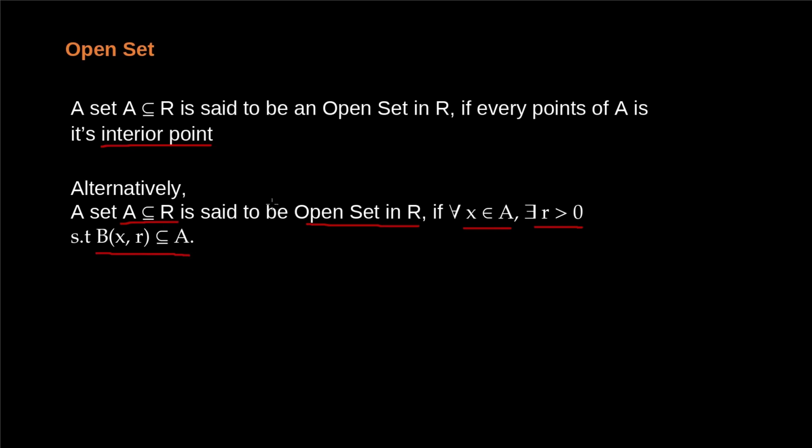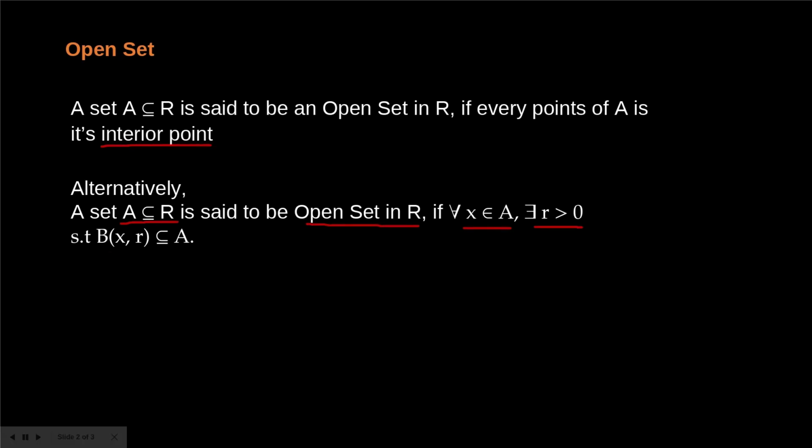So this means the set A will be open if for any element from this set A we can always find an open ball which entirely lies in this set A. So if this is true for all elements of set A, then we can say that this set A is an open set.